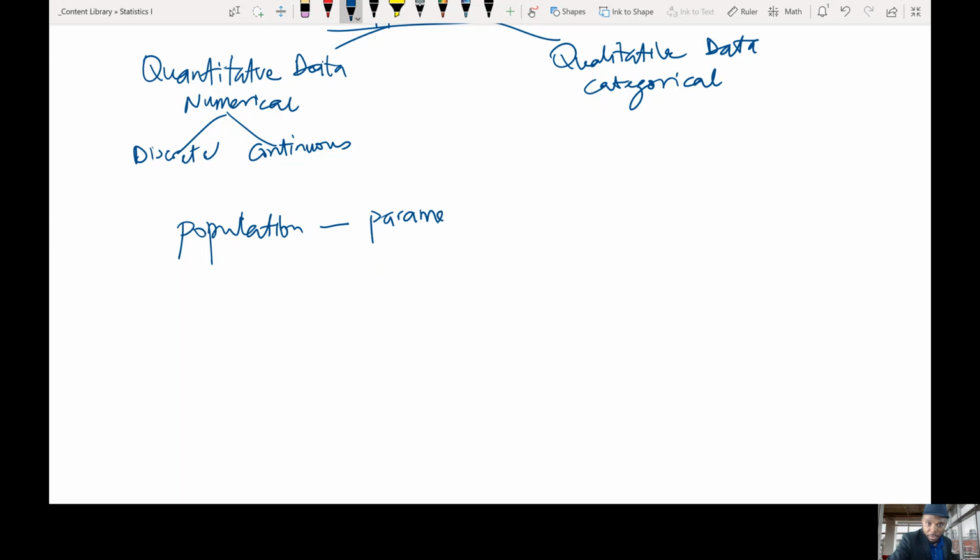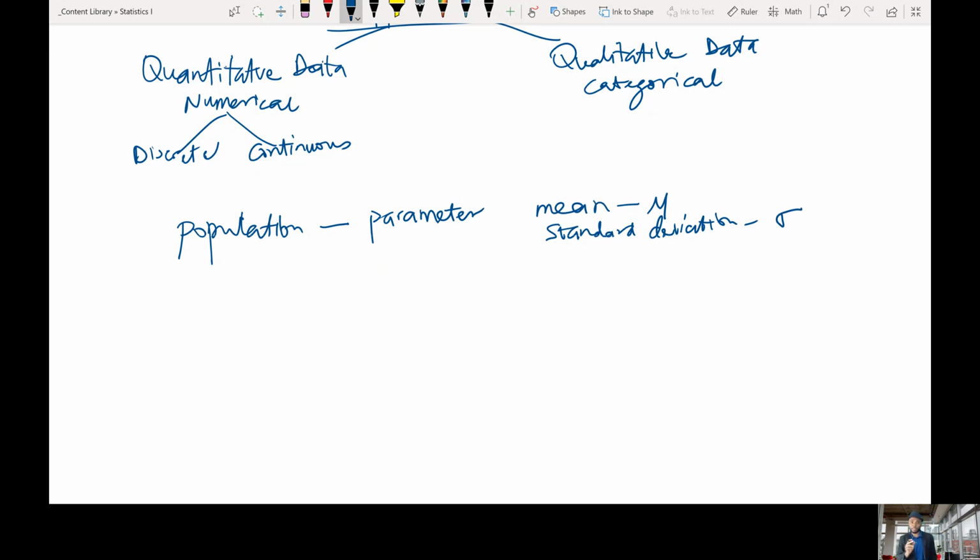I am writing on my screen, so it's pretty interesting. So a parameter. Now, most parameters are expressed as Greek letters. So take, for example, the population mean is written as a Greek letter called mu. The population standard deviation, which we'll talk about later on, I'm just saying that for now, uses the Greek letter sigma.